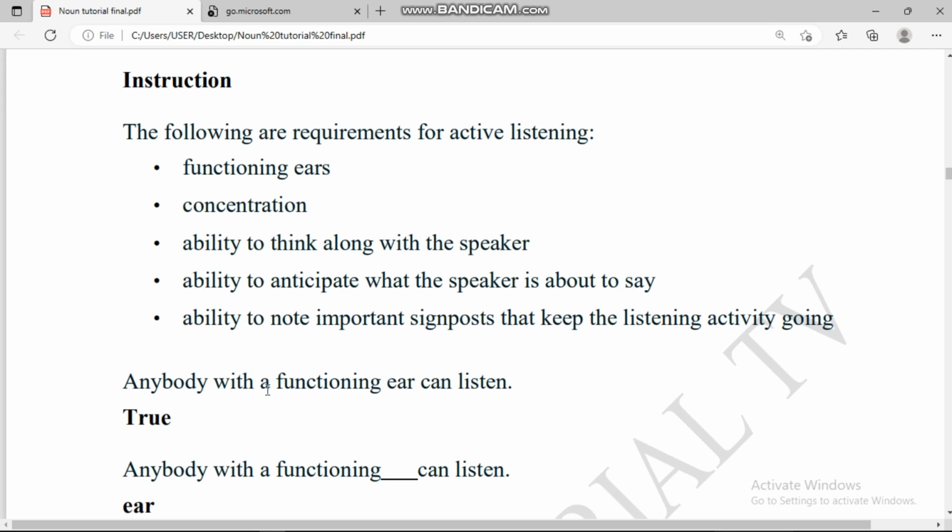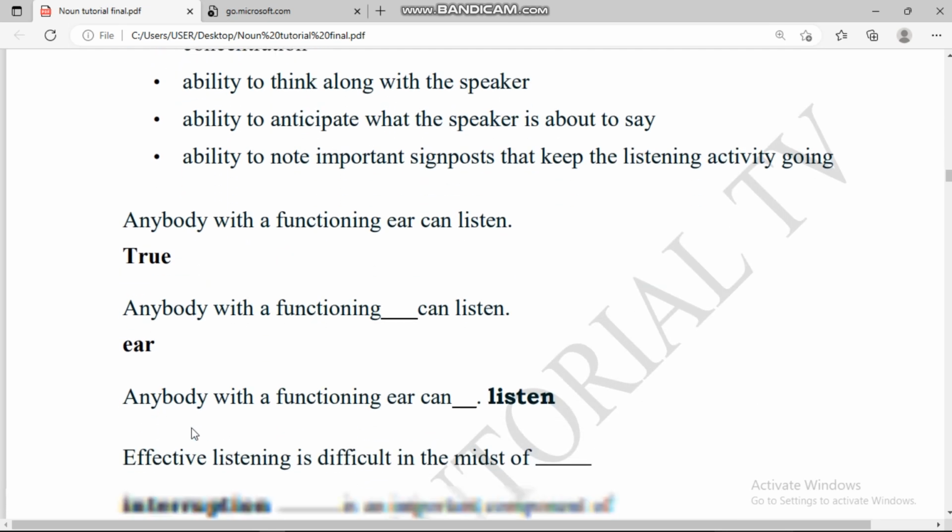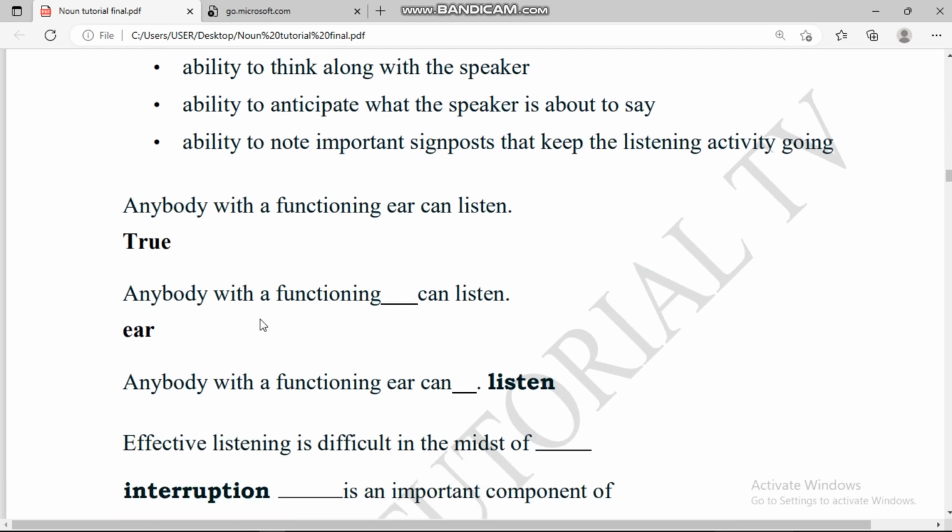Anybody with a functioning ear can listen. True or false? True. Another question: anybody with a functioning dash can listen. The answer is ear. Anybody with a functioning ear can dash. The answer is listen.